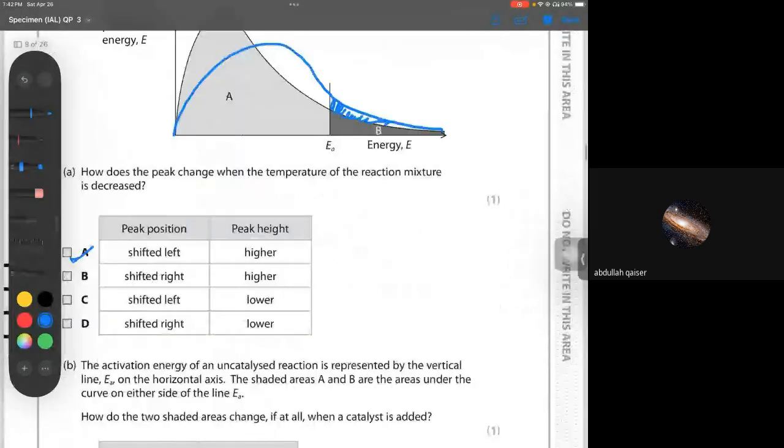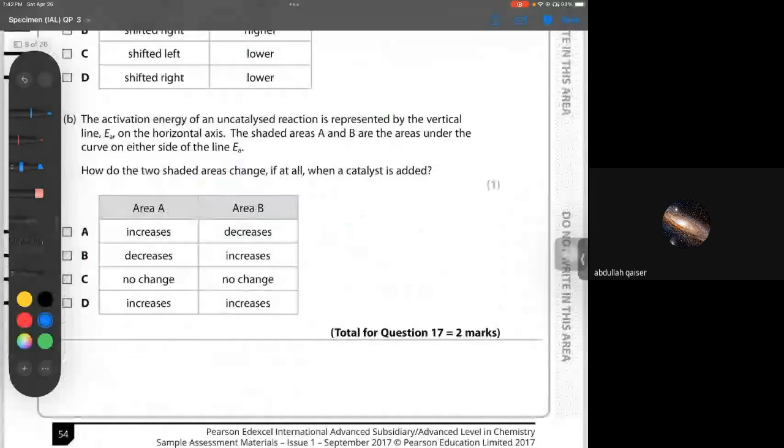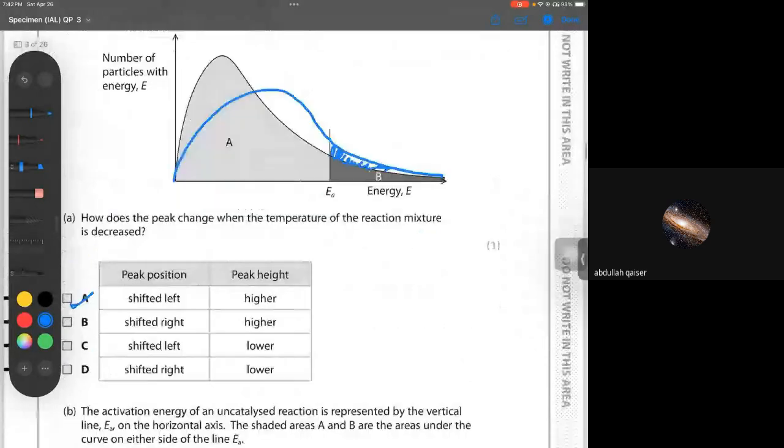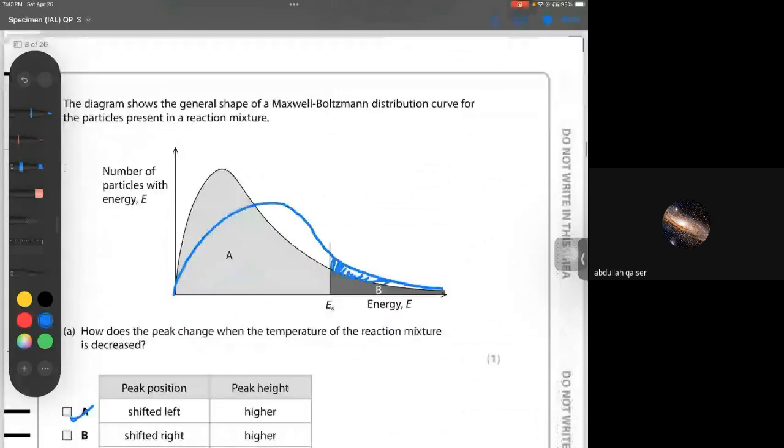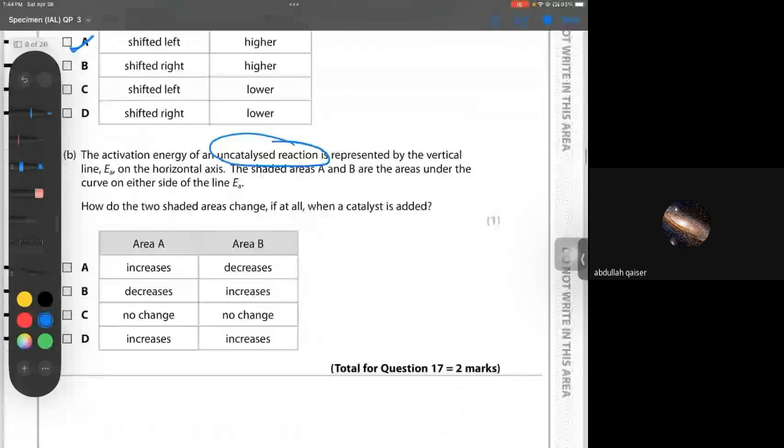Now B. The activation energy of an uncatalyzed reaction is represented by the vertical line EA on the horizontal axis. The shaded areas A and B are the areas under the curve on either side of the line EA. How do the two shaded areas change, if at all, when a catalyst is added? After the addition of a catalyst, the activation energy is going to decrease.